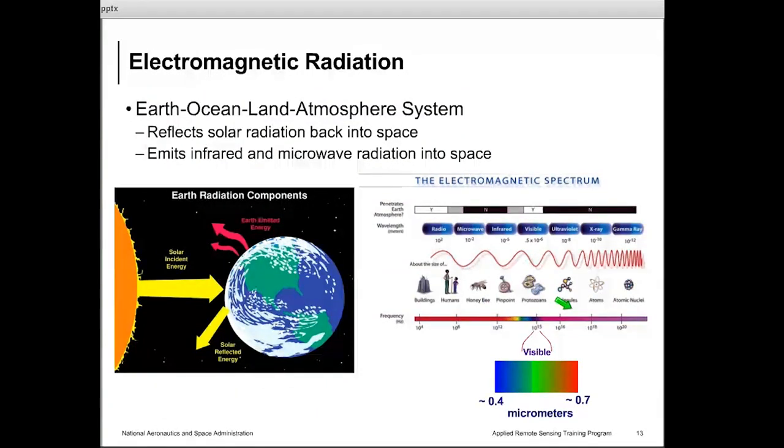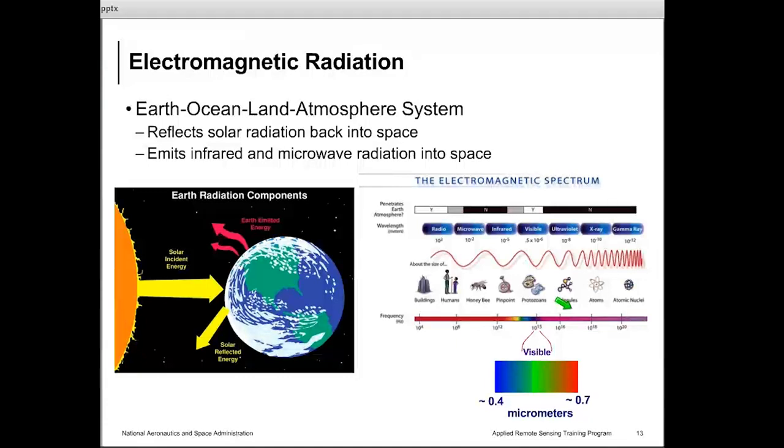So before we start understanding the remote sensing process, it is important to understand something about the source of energy, or the information carrier, when we talk about remote sensing. Electromagnetic radiation travels through space in the form of waves, and in our case we are mostly talking about the sun's solar energy.